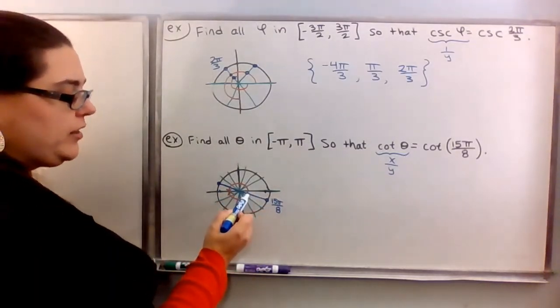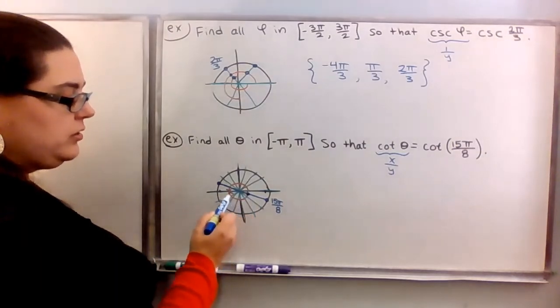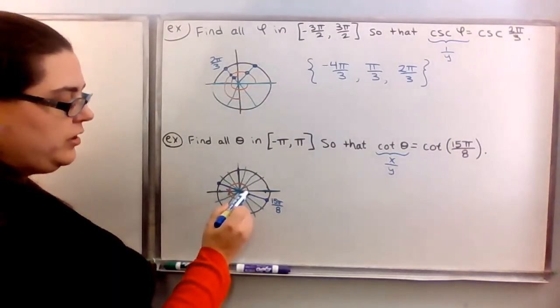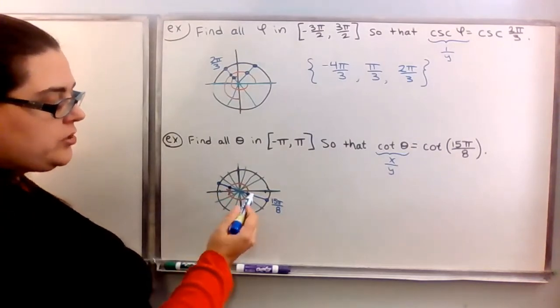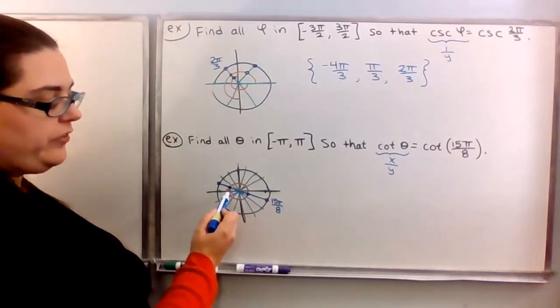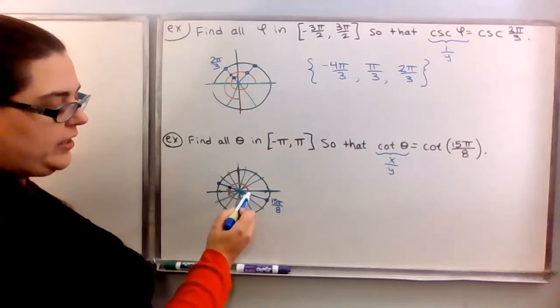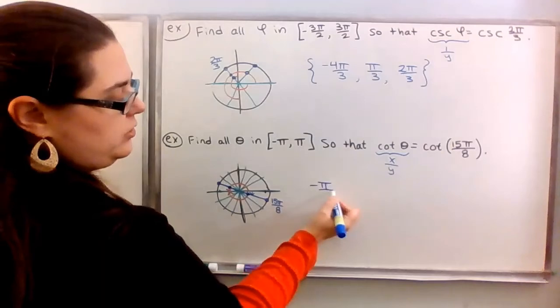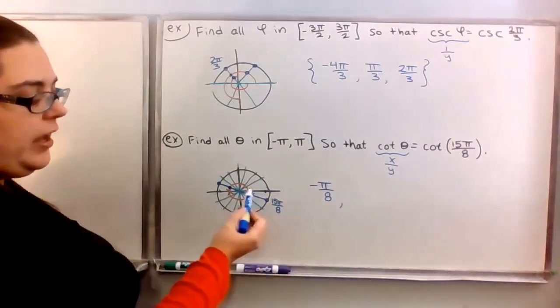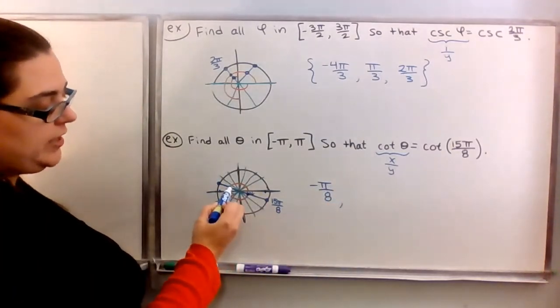And if I look at the red line, it intersects here in the negative, and it intersects once up here. So as I go through the negative swing of angle, it's going to be negative pi over 8. And as I go through the positive swing, it's hitting here.